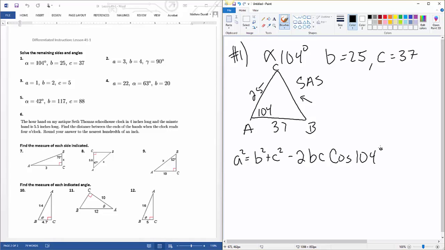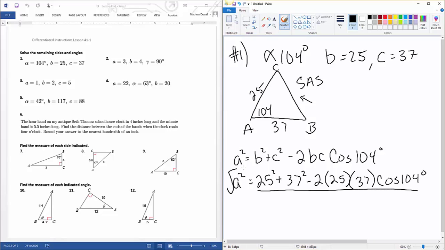So plugging everything in, A squared equals 25 squared plus 37 squared minus 2 times my B times my C times the cosine of 104 degrees. You'd enter this into your calculator and take the square root of both sides, and it'll give you what your A is going to be.